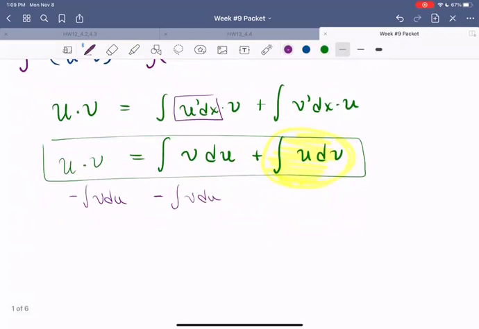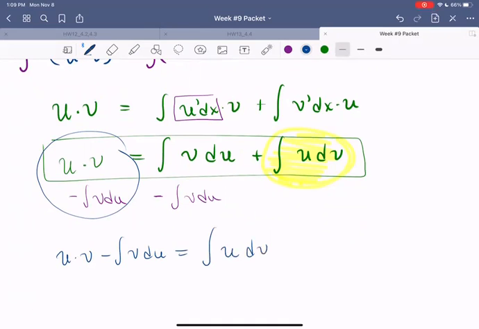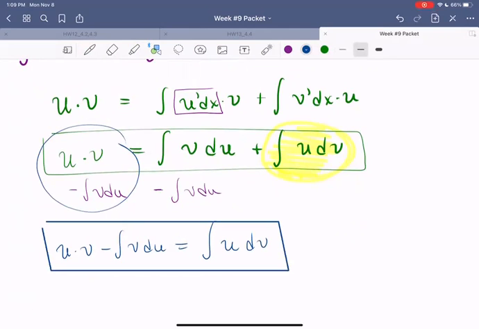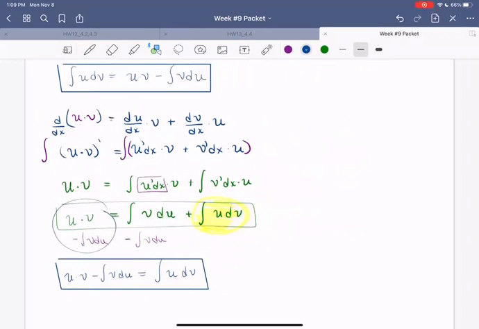So on that left-hand side, I get u times v minus the integral of v du is equal to the integral of u dv. And so here we have that integration by parts formula. So to summarize, integration by parts is a consequence of the product rule.